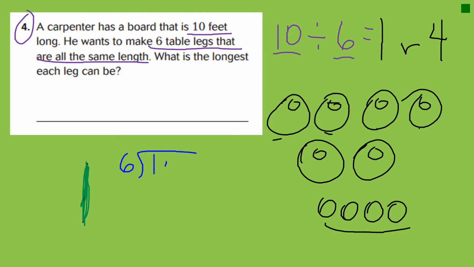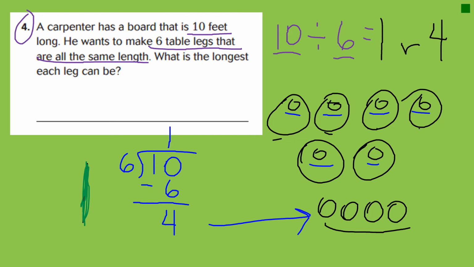So this is 10 divided by 6, written like that, okay? So we know that 6 can go into 10 one time in each group, right? And we have a remainder of 4. We're going to take those 6 away from 10. We have 4 remaining, okay?